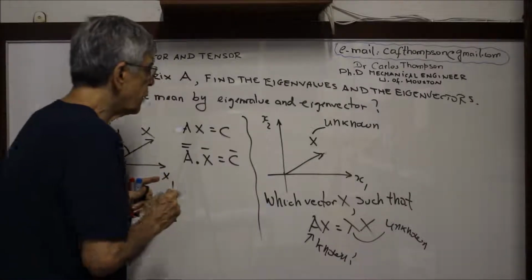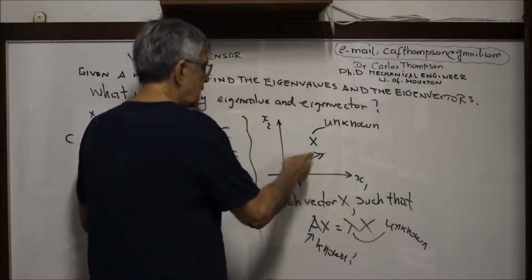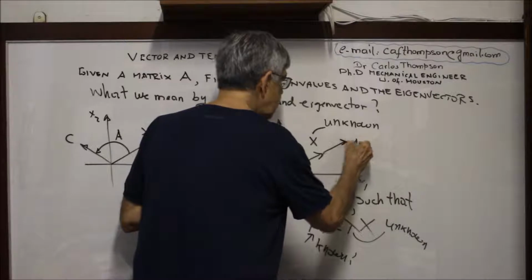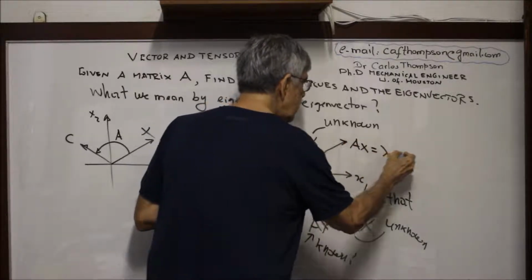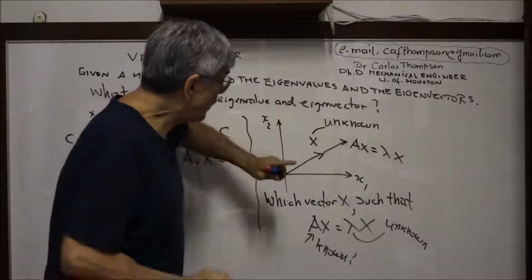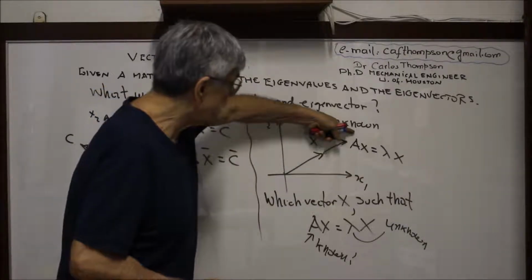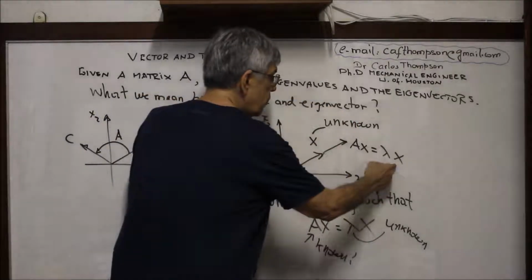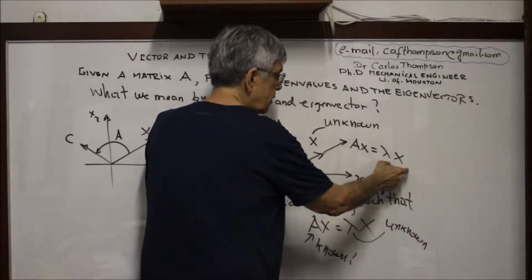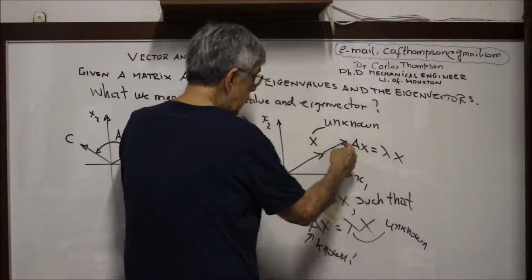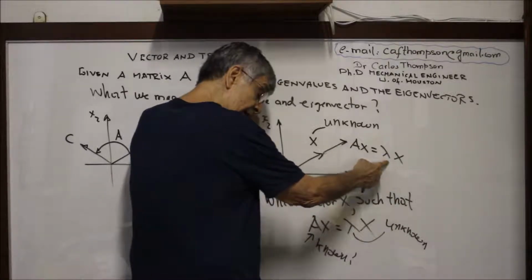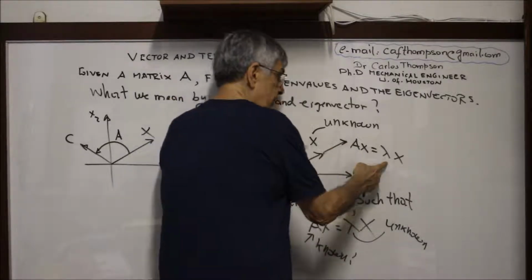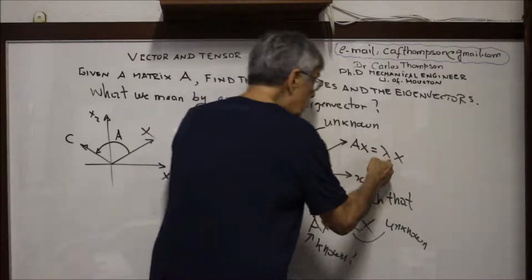Now the question is, which x is such that Ax is equal to a scalar times x. You see, what is x such that the operator A on x just gives a magnitude of x which will be greater than x if lambda is greater than 1, or less than x if lambda is less than 1, or if lambda is negative.